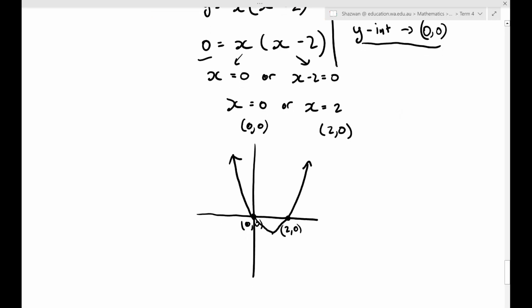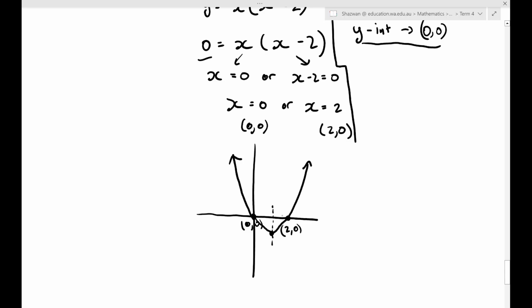So just like when we had turning point format, we needed to find the roots manually. Well, now we need to actually find this turning point manually. It's actually not too bad though. So remember, this parabola is exactly symmetrical. So that means I can find the x position of this turning point.